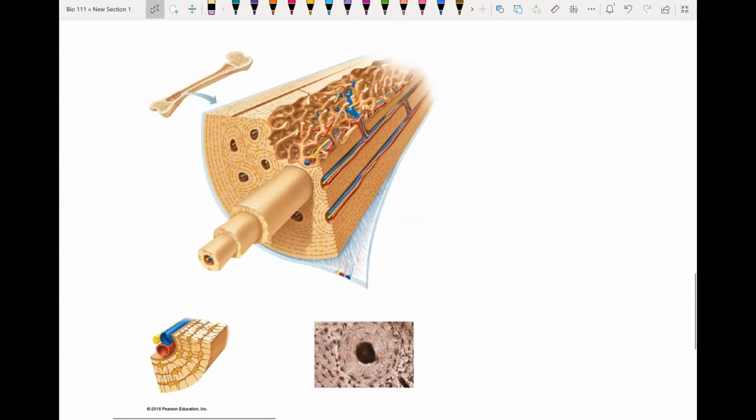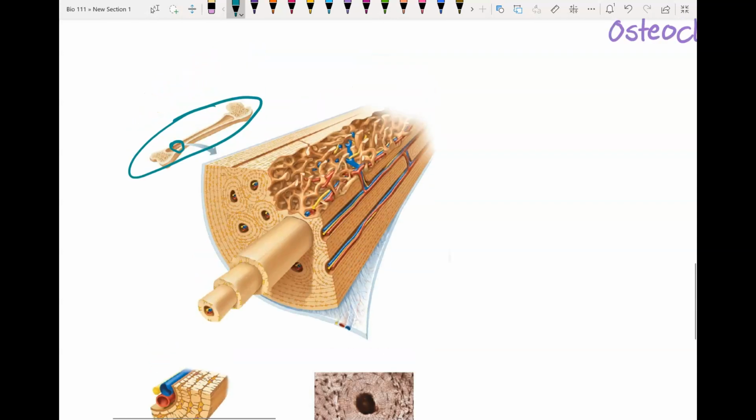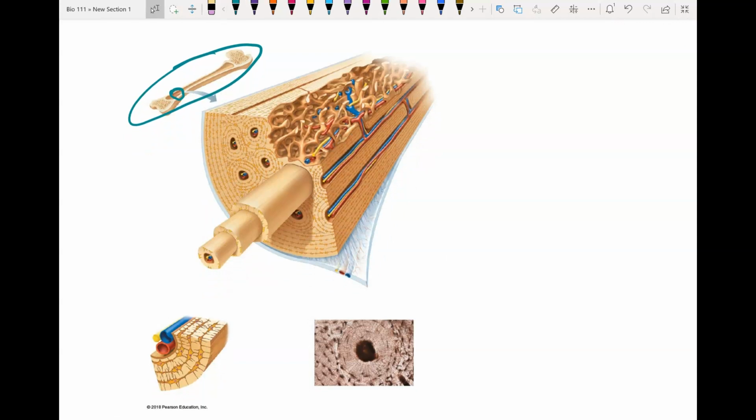So here we're looking at a cross section of a bone. You can see here is the bone and it's been cut through, and then we're zooming in on this little section here and looking up close. So this is an up close view of the inside of a bone. Notice that the bone has all these what are called central canals.